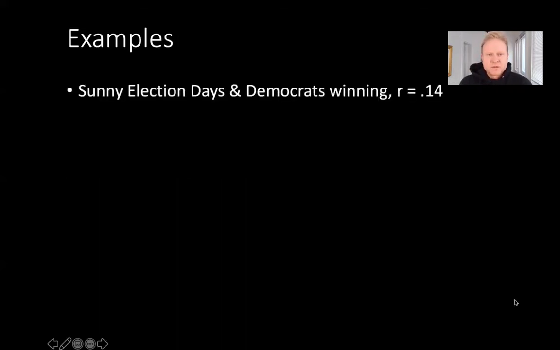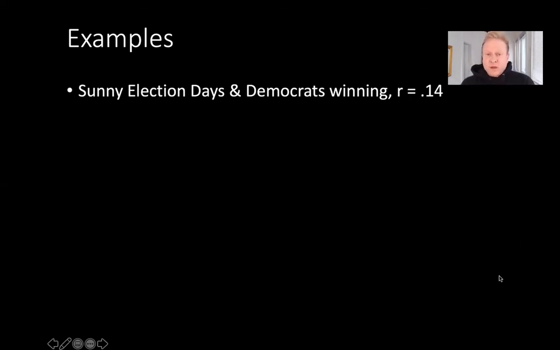So here's some examples. Let's say that sunny election days is correlated to Democrats winning elections, and the Pearson's R is 0.14. So that's basically saying you have a 0.14 relationship. Well, that's kind of close to 0. It's closer to 0 than it is to 1. So it's really not a very strong correlation.